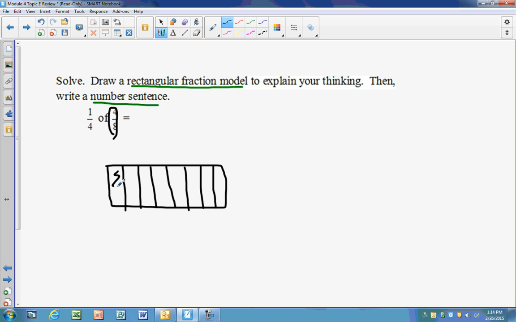And we're going to shade in 4 of our eighths. And then we're going to go in the opposite direction and find 1/4 of, which means to multiply as a reminder.